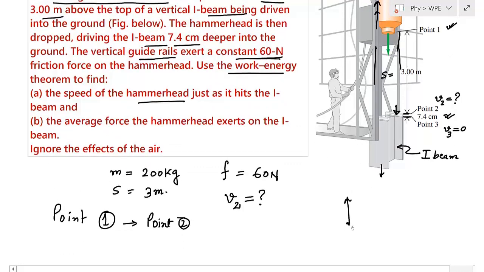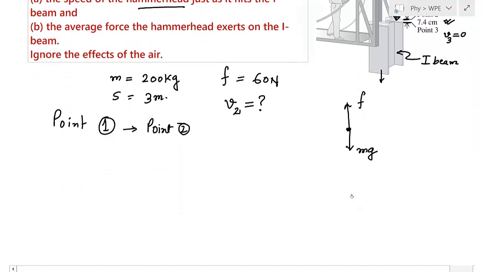One force acting on this hammerhead is its weight, that is mg. And there is a friction force due to the guide rails, in the upward direction, that is F. So the total force in the downward direction will be mg minus F.